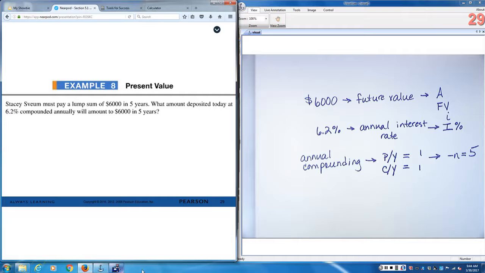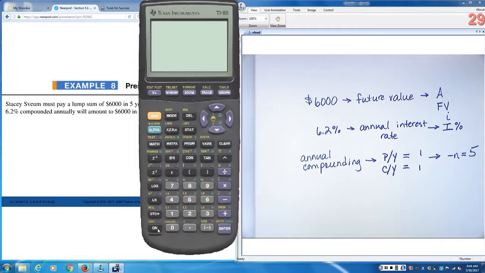And on your TVM solver, the total number of payments is only actually going to be 1. We're only going to compound it. We're only going to put in the money 1 time. So our present value for this is what we don't know. The interest rate is 6.2%.